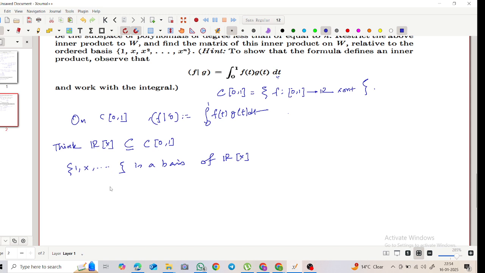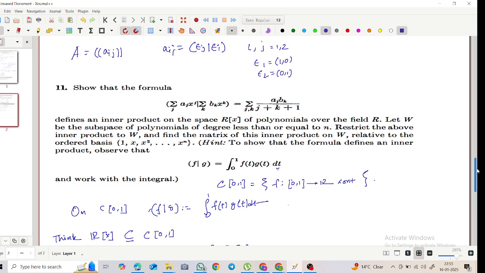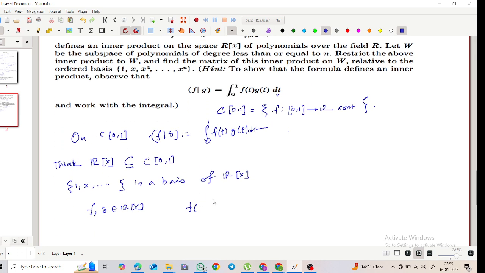So if f, g belong to R[x], you have these two polynomials, like f(x) will look like a summation over j.